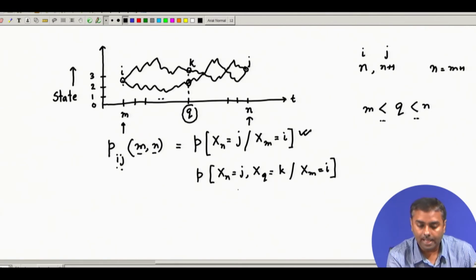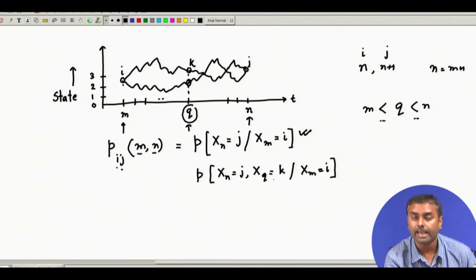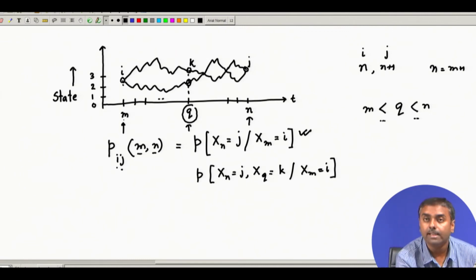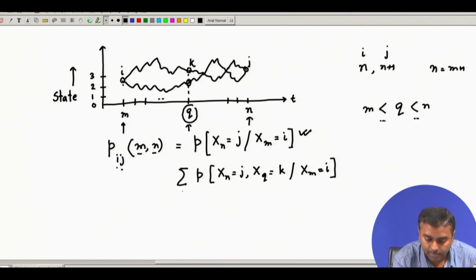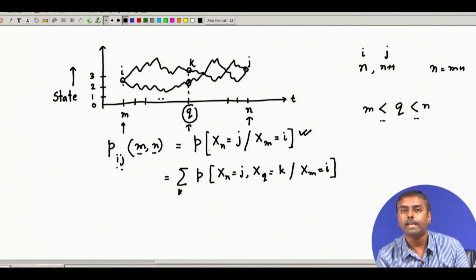Along with that, I also know that it is intermediate in the state k, given that at the mth stage it was in i. Now, if I sum this whole thing over all possible k, that should be equal to this probability, because then all possible k I have accounted for.